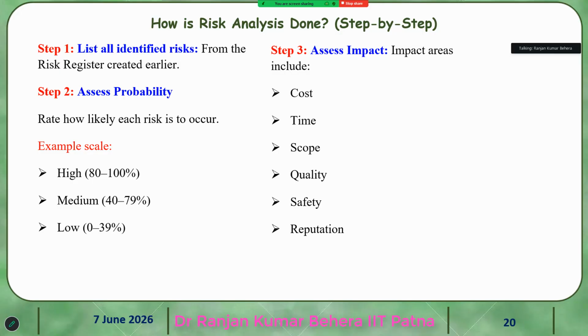How is risk analysis done? Step by step: first, list all identified risks from the risk register you created earlier. Then assess the probability rate, how likely each risk is to occur.